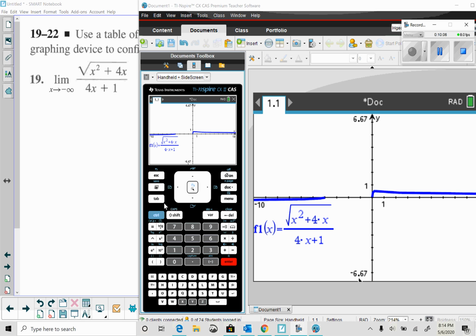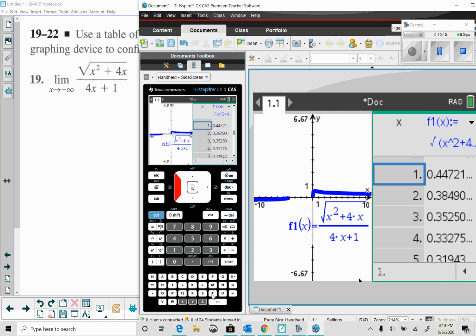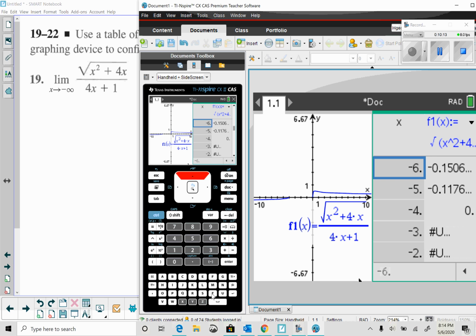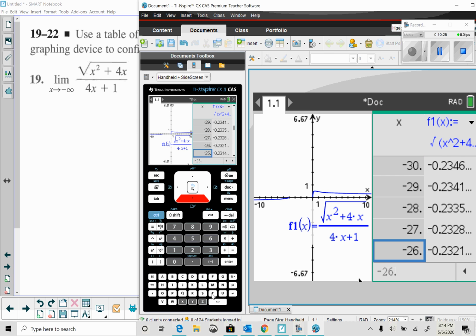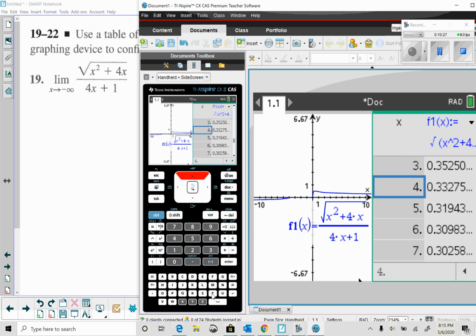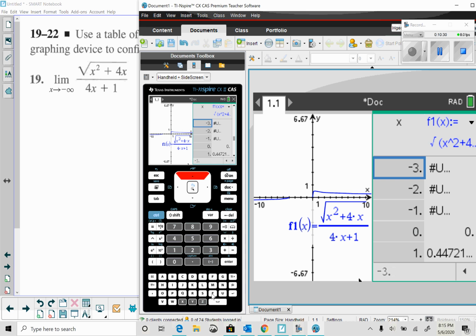So if we look at a table of values, pay attention to what's happening with our f of x function as we hold down our finger here. We got some zeros and some undefineds and some more zeros.